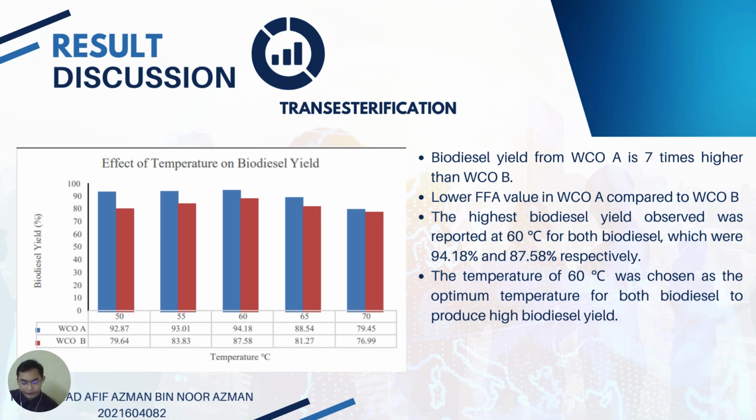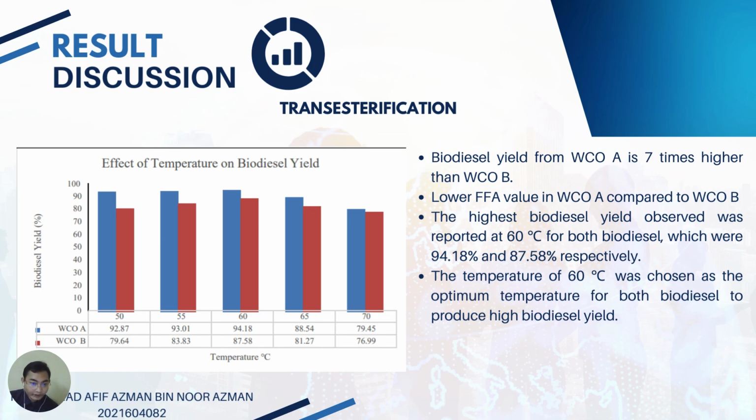This happened because it reached its optimal reaction condition at 50 to 60 degrees Celsius, but the biodiesel yield decreased beyond 60 degrees Celsius because of methanol evaporation, increased saponification, and potential thermal degradation.